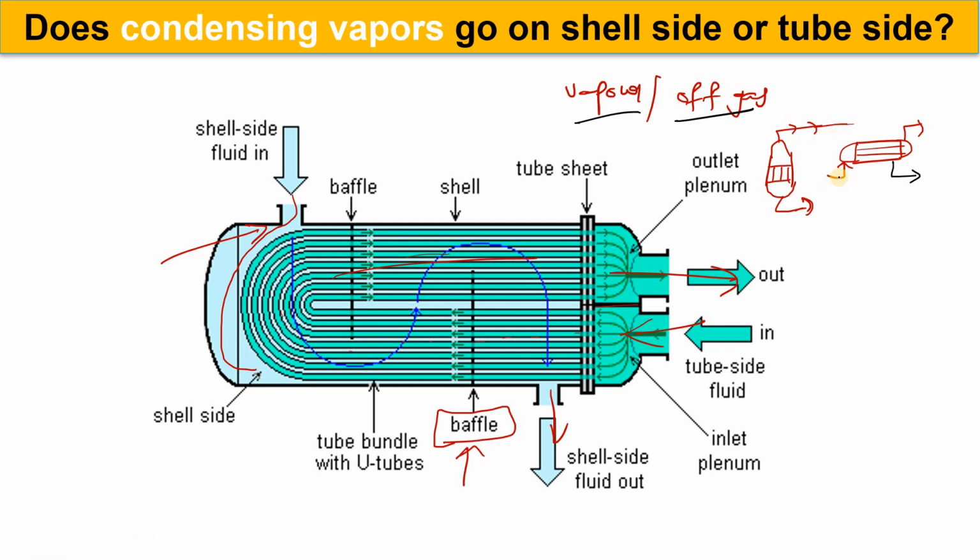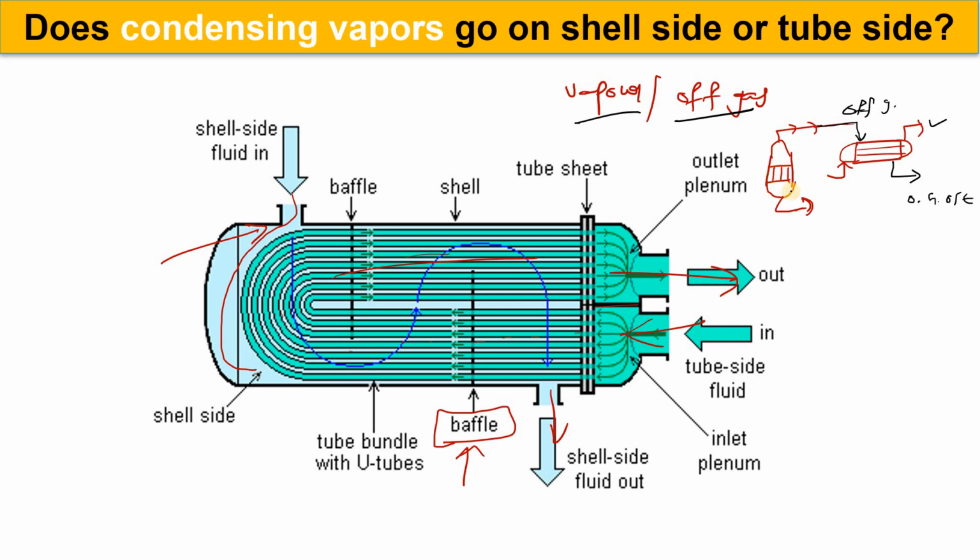This is your tube side fluid in, and this is the tube side fluid out. Now where will these off gases go? Logically, the off gases should go in the shell side. Let's suppose this is your off gases in, and this is also off gases out.